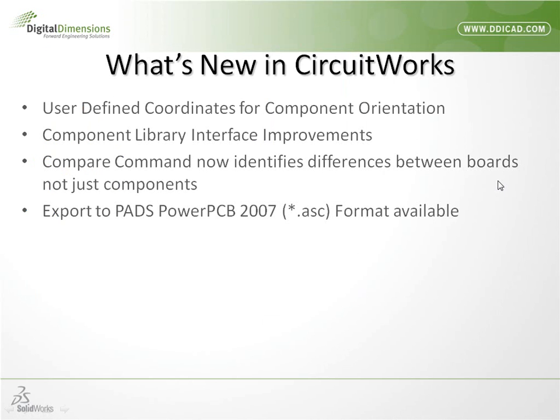The next thing I'm going to be showing you is the compare command. Now it identifies differences in the boards, the circuit boards themselves, the shapes of them, not just the location of the components. Let me go into SOLIDWORKS and show you that functionality now.